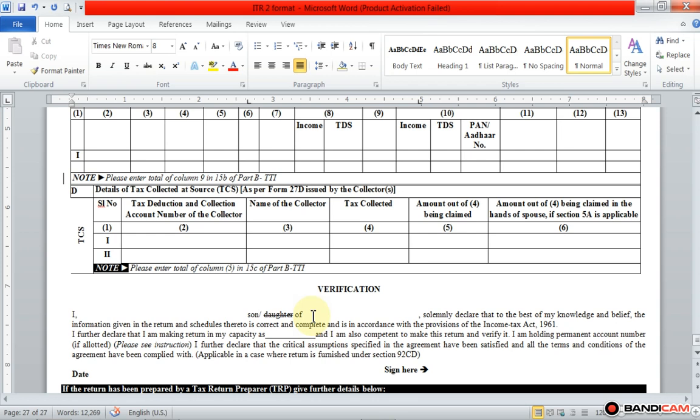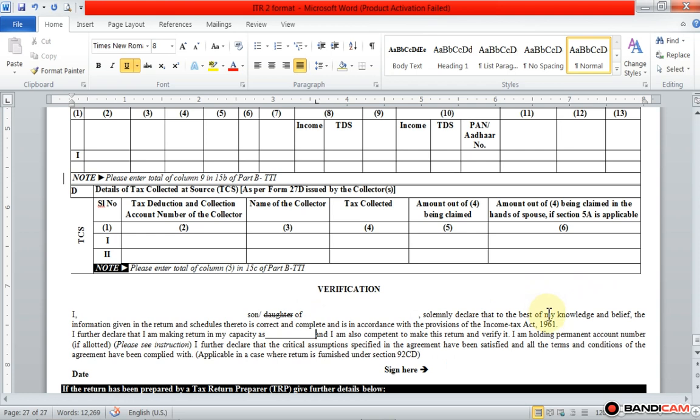Okay, it means here I, Nitin Tipale, son of Madhukar Tipale, solemnly declare that to the best of my knowledge and belief. We already discussed this in ITR 1. Then here the capacity as self. Okay, here we put self.